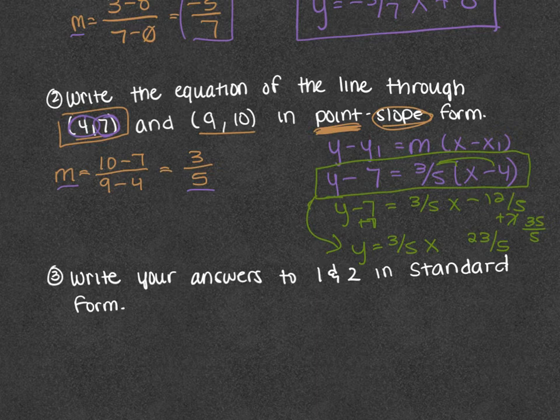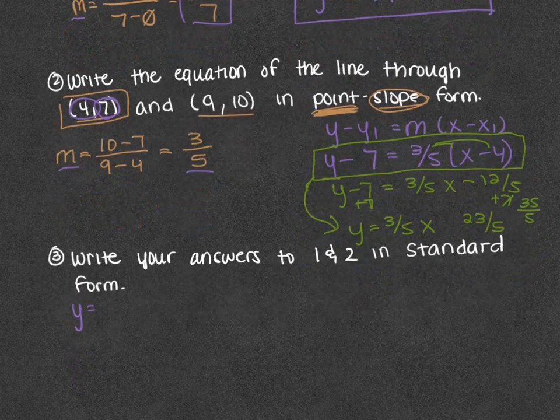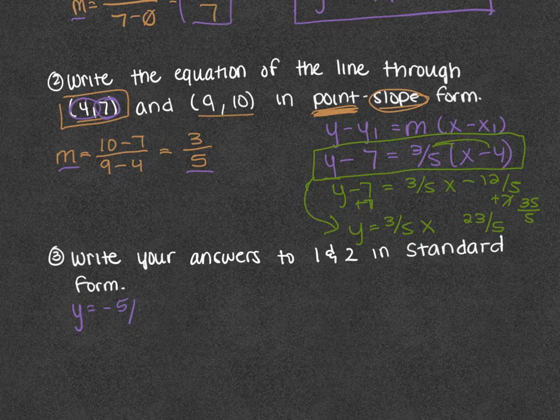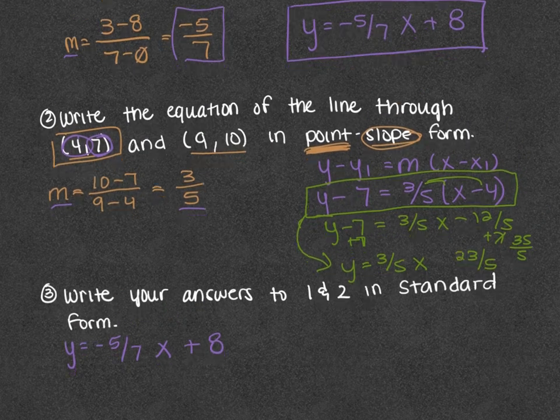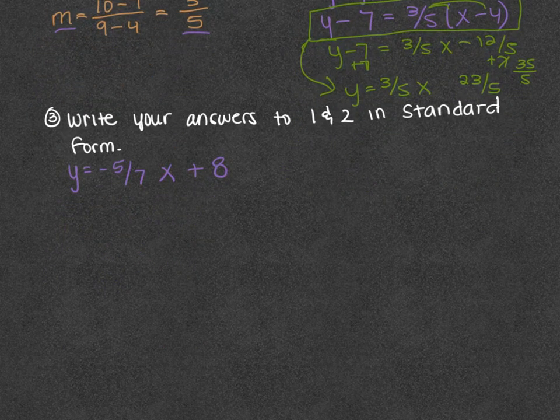All right, so let's now talk about how to turn these into standard form. My first equation was y equals negative 5 over 7 x plus 8. Standard form, if you saw it before, is where we have ax plus by equals c.